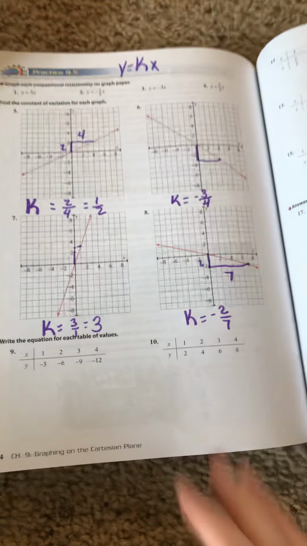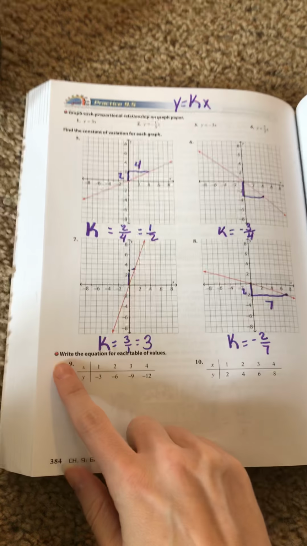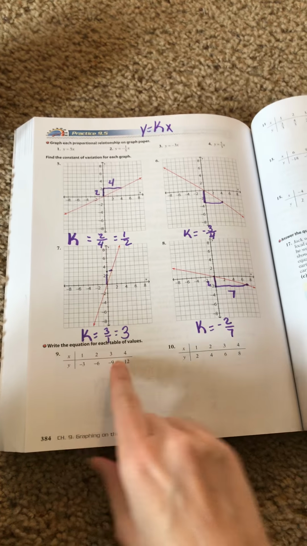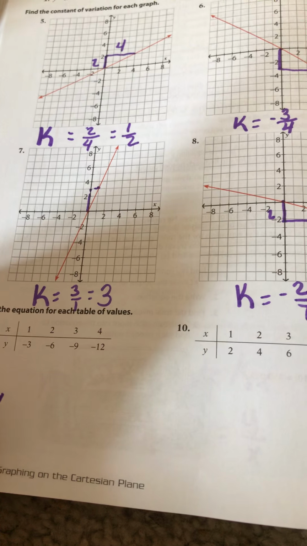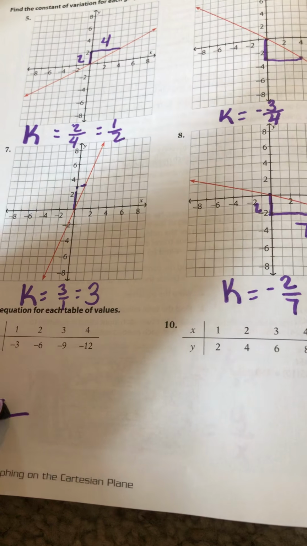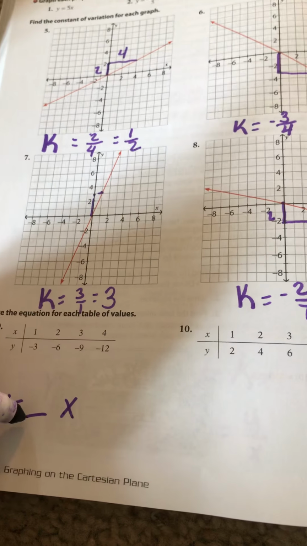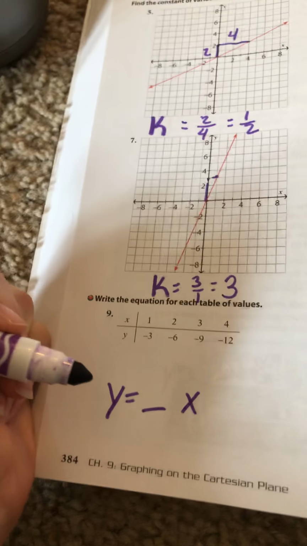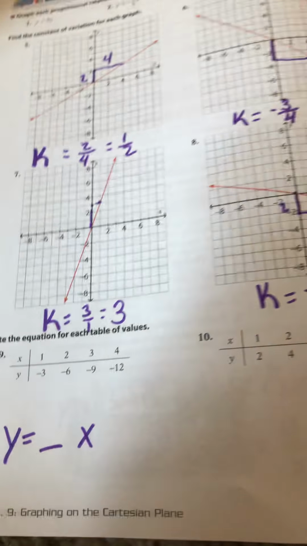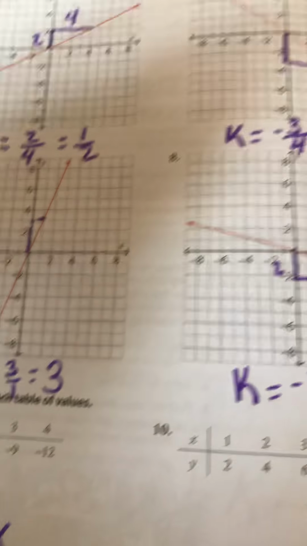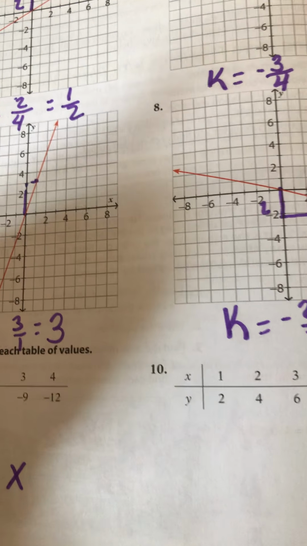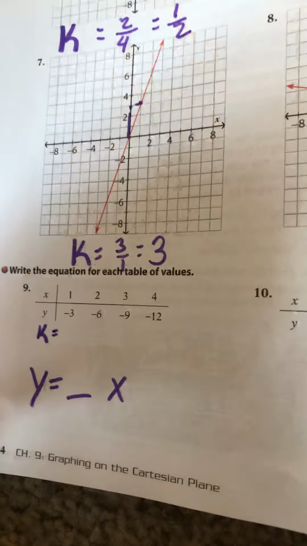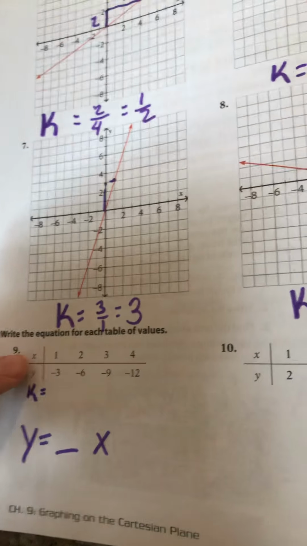So, not too bad. This part where it says write the equation of each table of values, well, that again is going to be y equals something x. So we have to find that something. To find that something, all we have to do is find our slope, or also known as our k in this type of equation for our direct variation.